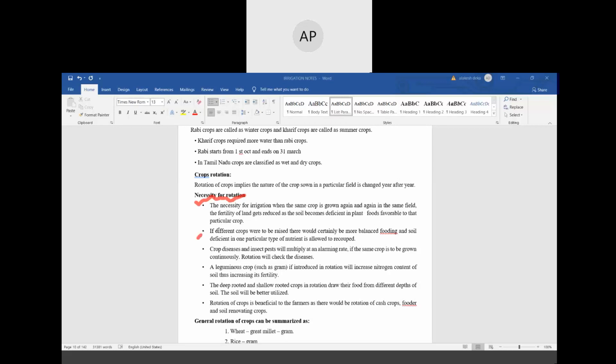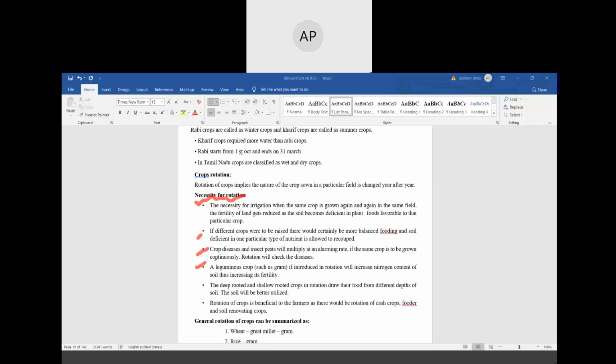Next, if different crops were to be raised, there would certainly be more balanced feeding, and soil deficient in one particular type of nutrient is allowed to recoup. Crop diseases and insect pests will multiply at an alarming rate if the same crop is grown continuously; rotation will check the disease.